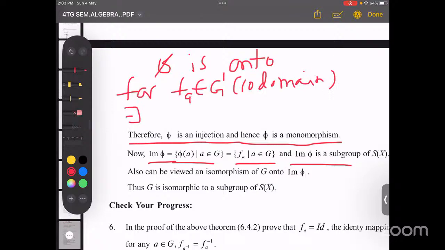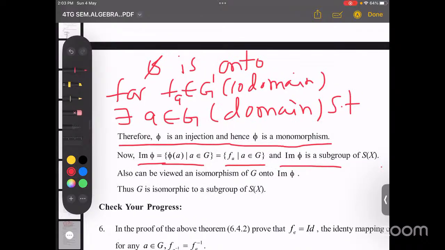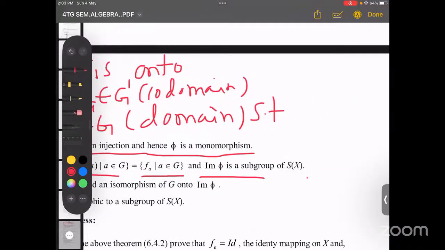There exists A belonging to G, this A is in the domain we have, okay, such that pi of A is equal to f of A. Okay. Then we can tell that pi is onto.